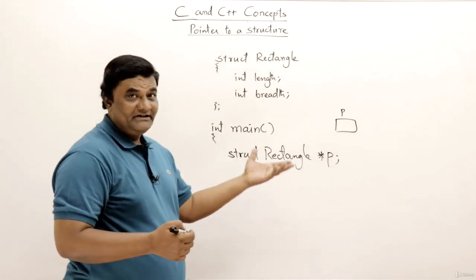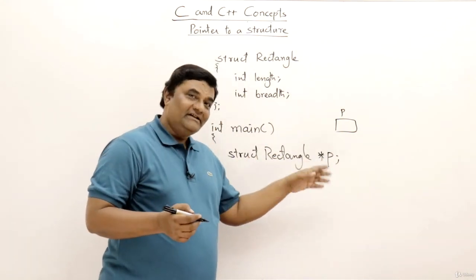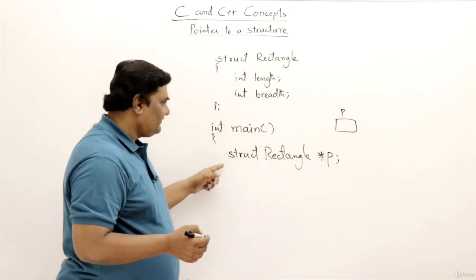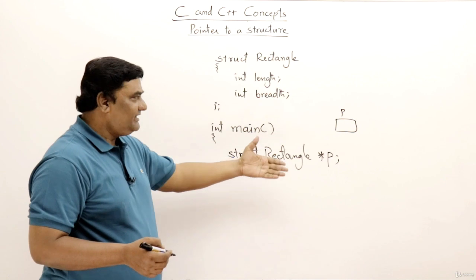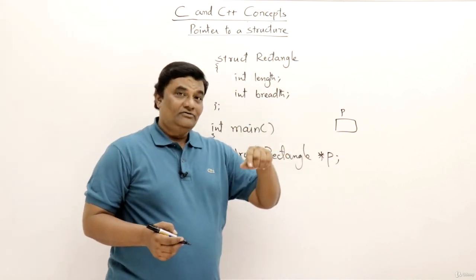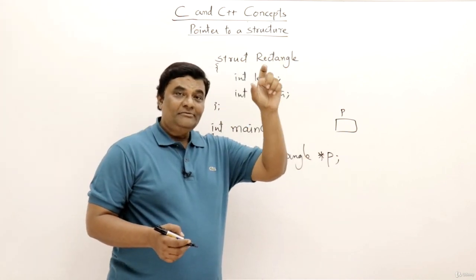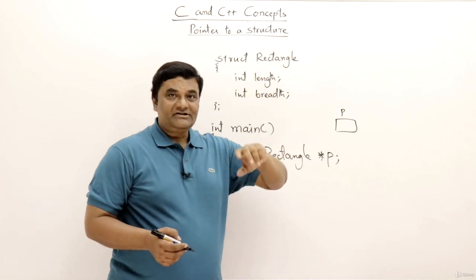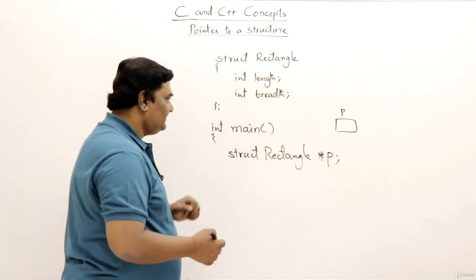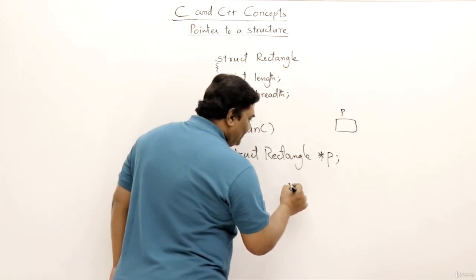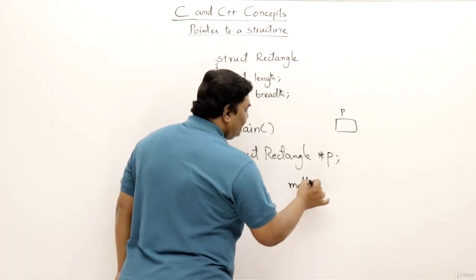Now already you are familiar, when you declare variables, they are created inside the stack as a part of the activation record of the function. So yes, it's a variable, so it's inside the stack. Now we want an object of type structure in heap. So how to get the memory in heap? Malloc function, yes. So I should call the malloc function.